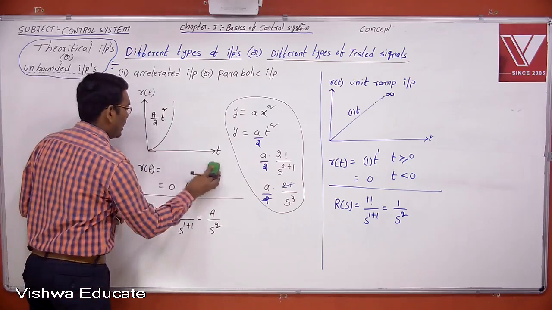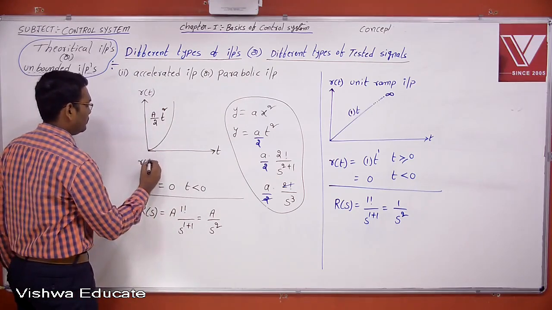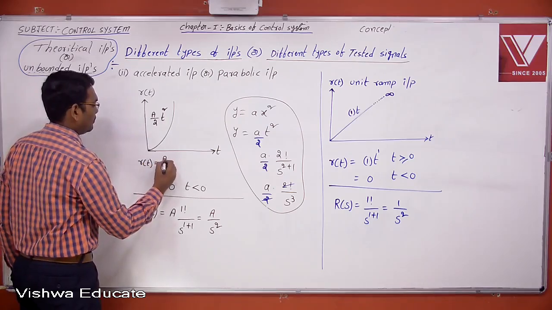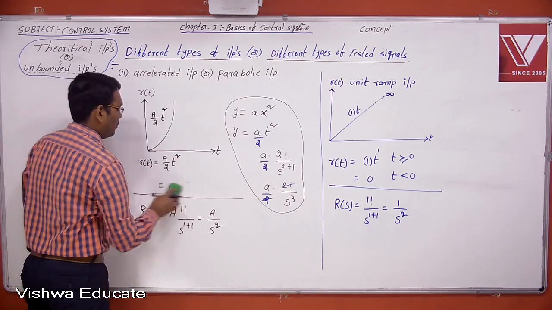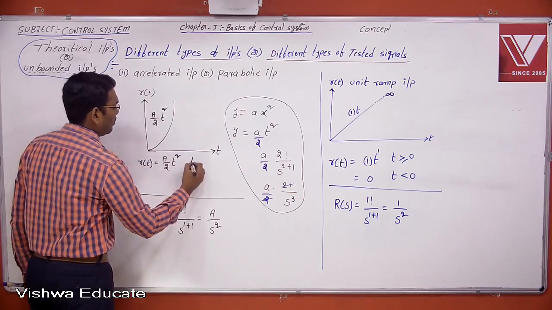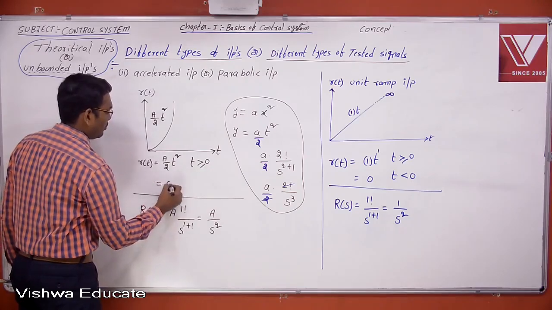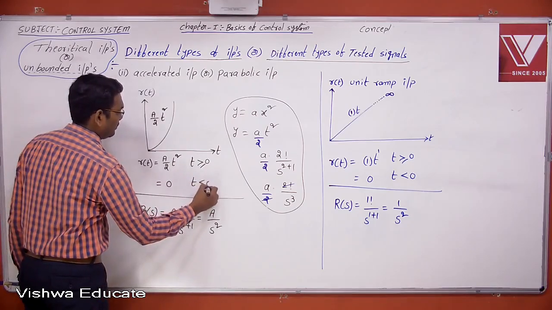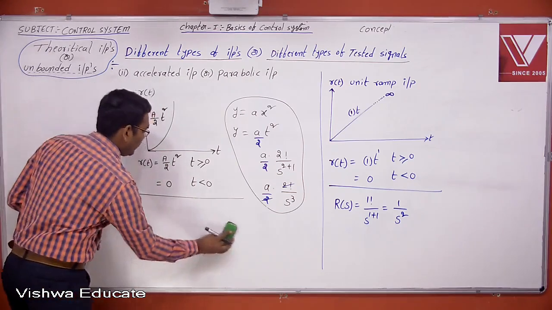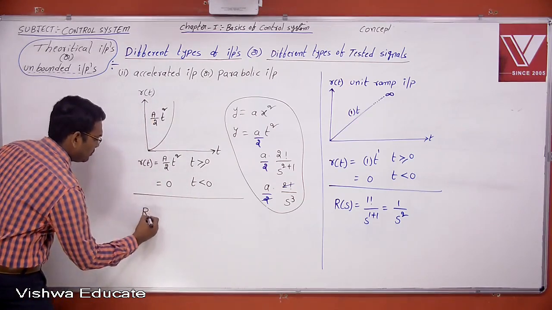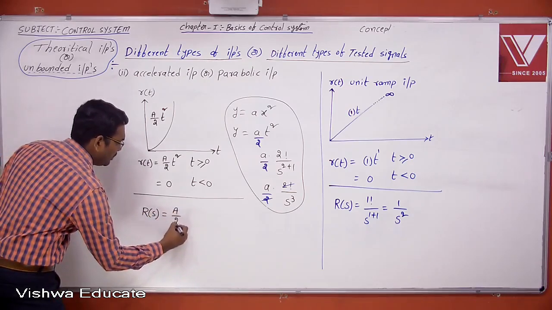Now this is r of t, which is equal to a by 2 into t square for all the positive values of time, and equal to 0 for the negative values of time. Therefore, what is r of s? This is r of s, which is equal to a by 2 into t square.